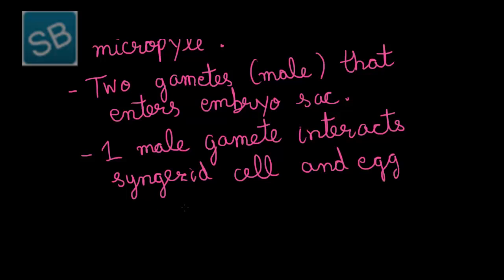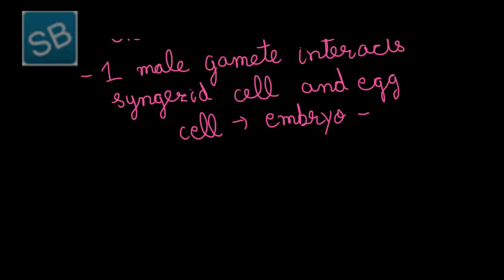This interaction of the male gamete and egg cell forms the embryo, that is a diploid zygote. This we'll study later in the post-fertilization events.